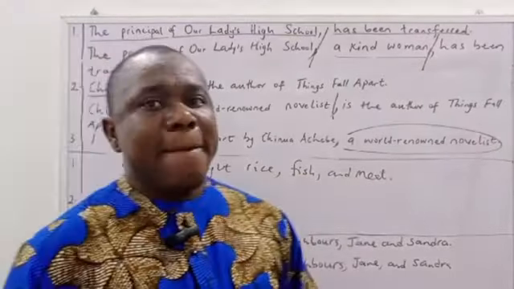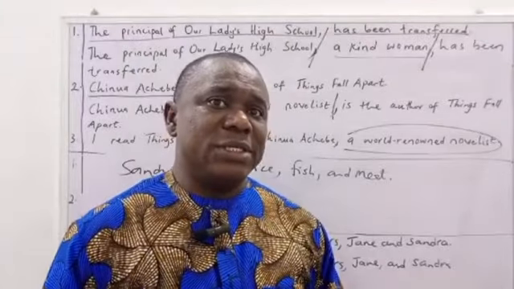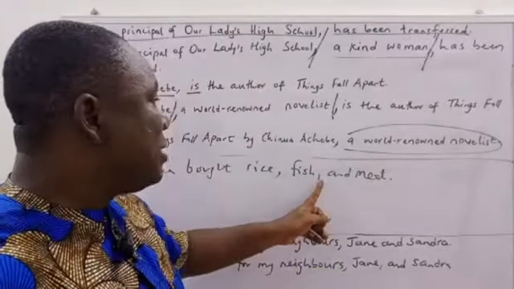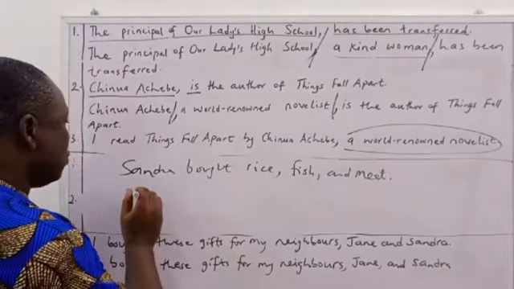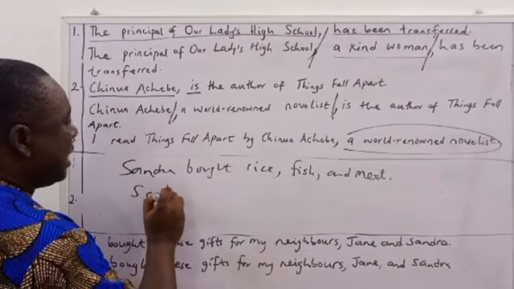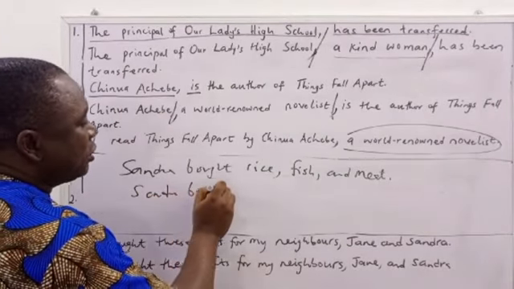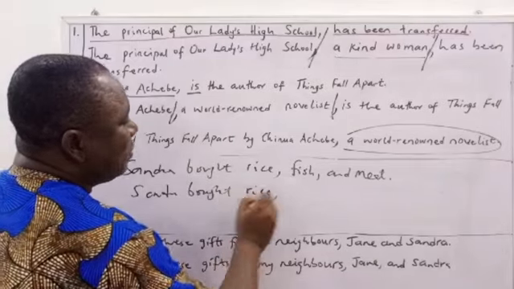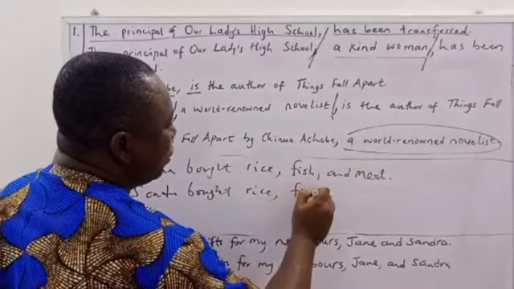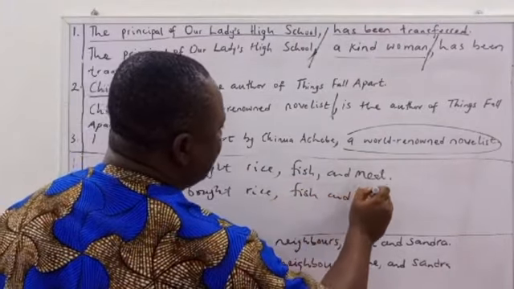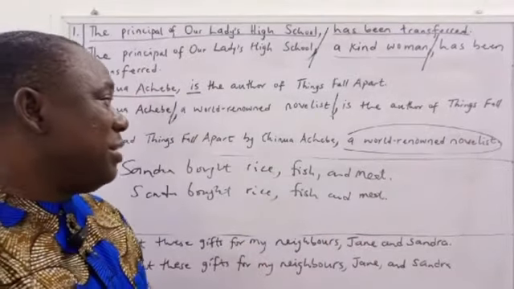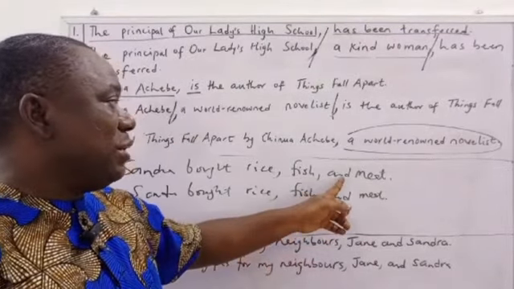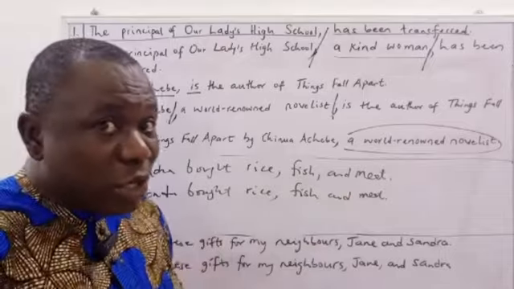Now there are authorities that say that this last comma here is optional. So they say it is also correct to write Sandra bought rice, fish and meat. Yes, some authorities say adding a comma before the conjunction is optional.